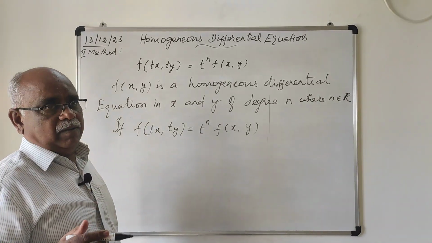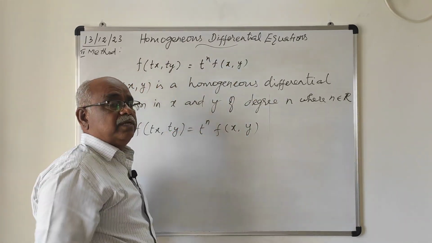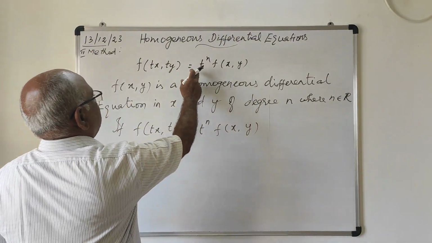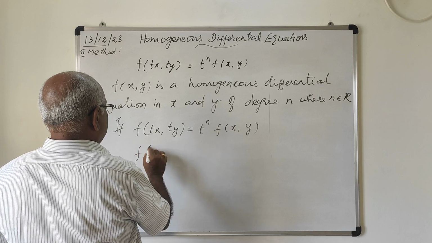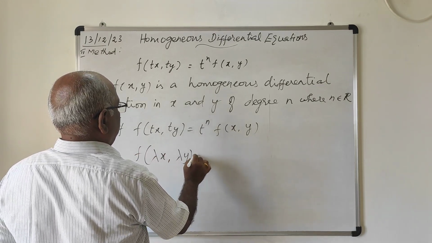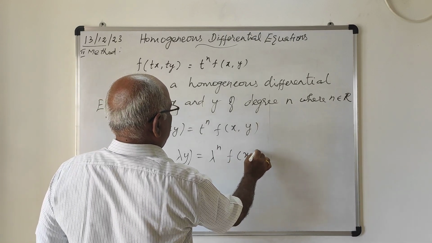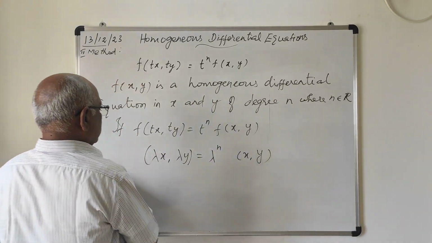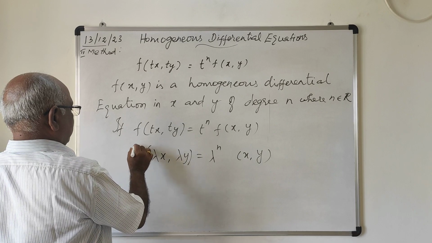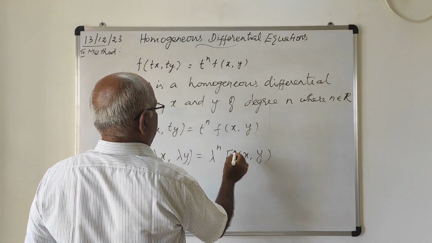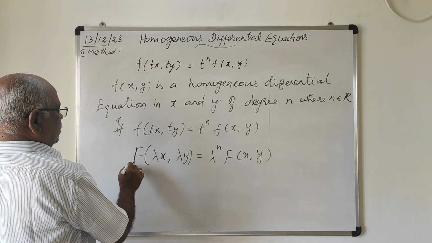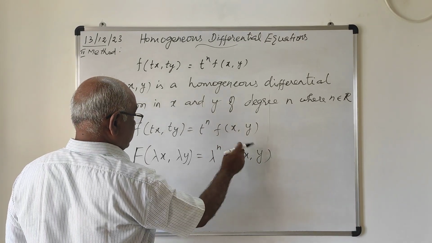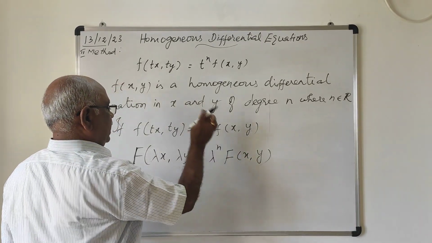This homogeneous differential equation is given in both the state board syllabus and the CBSE syllabus. In the CBSE syllabus, the constant t is replaced by some constant lambda, and the function f is replaced by capital F. So F of lambda x, lambda y equals lambda power n into capital F of x, y is a homogeneous differential equation in x and y of degree n, where lambda is a constant.